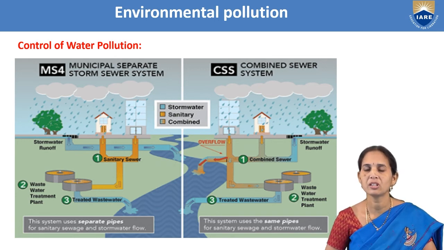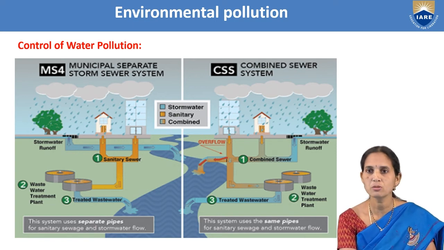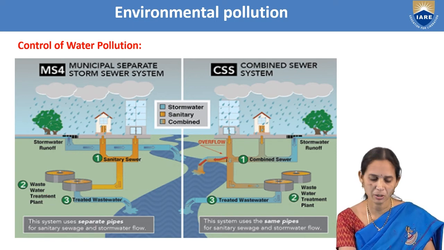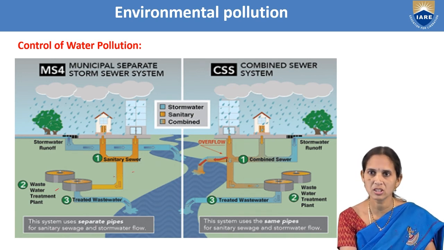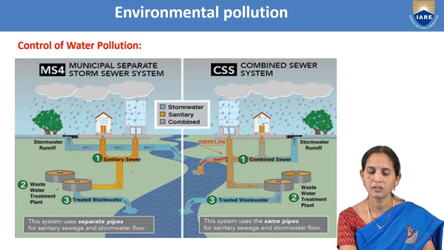The rainwater flowing from underground has separately arranged pipes, and a wastewater treatment plant is arranged here. The wastewater coming out from the buildings and houses is collected in the wastewater treatment plant, and treated wastewater comes into the water bodies.